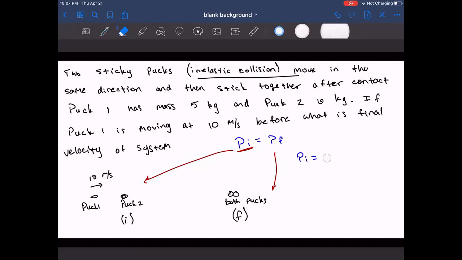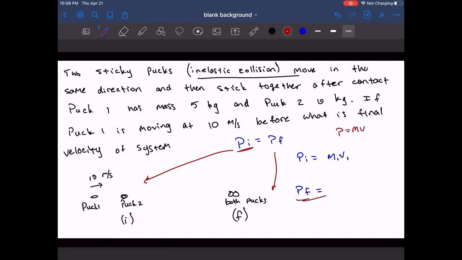The momentum of the first puck is M1 times V1, P equals MV. M1 V1 plus 0, because the second puck is sitting there, no velocity, no momentum. Final momentum, well, it's P equals MV.